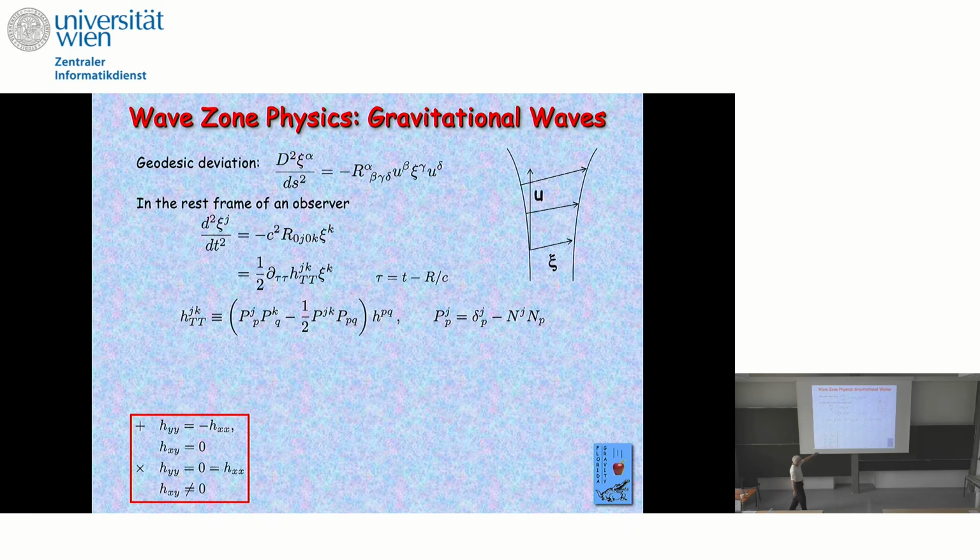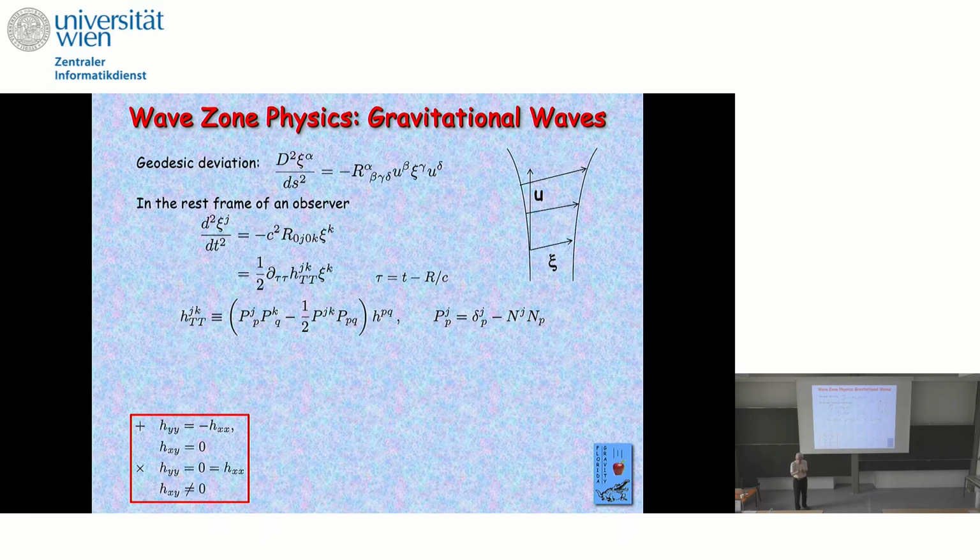So you get these components by defining a projection operator, which is a Kronecker delta minus a product of unit vectors in the radial direction from the source. So this automatically tells you you're looking at components that are perpendicular to the direction of the source.